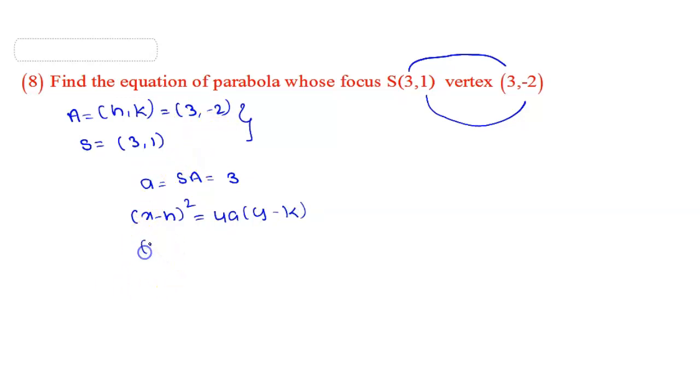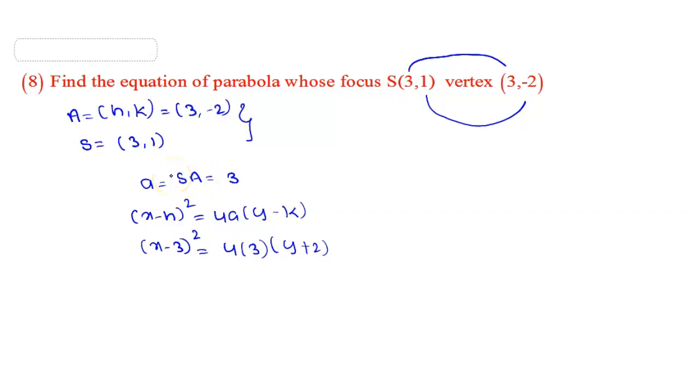So here (x minus 3) whole square is equal to 4 into 3 into (y, k value minus over minus, that is plus). Here one term is in negative y position and one term is in positive. This is positive in the focus, and the vertex is negative. So here there is no need to write minus for this a.